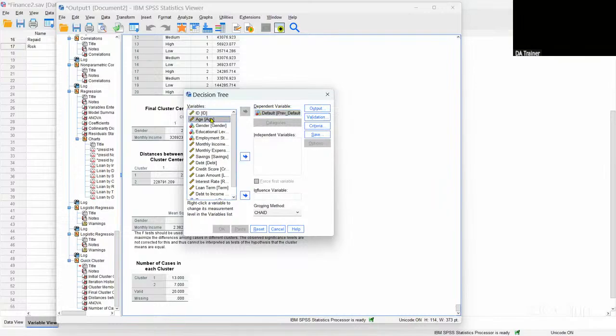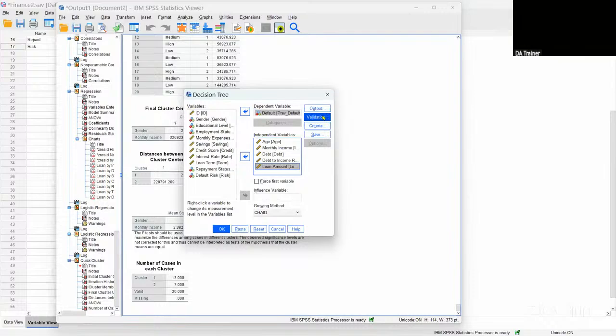Let's start with age and then income. Let's look at debt. Let's look at DTI. Let's still consider loan amounts.